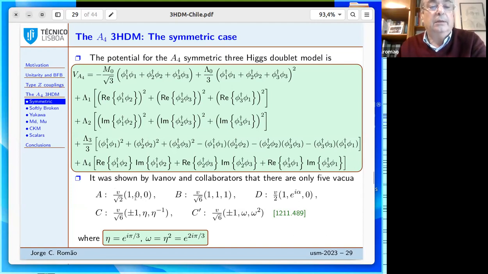They are of this form: the first entry, all entries, here a complex one and 0, and then these two have this eta, which is a complex number, a rotation by 60 or 120 degrees, and these are the only possible vacua of this symmetric A4.